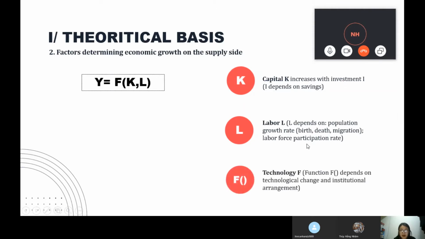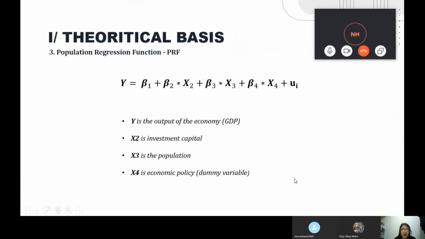And then the function F represents the technologies, depending on the technological change and institutional arrangement. Therefore, we use the population regression function, which is the PRF. In this function, Y is the output of the economy, which is GDP. X2 is investment capital, X3 is the population, and X4 is the dummy variable representing the economic policies.